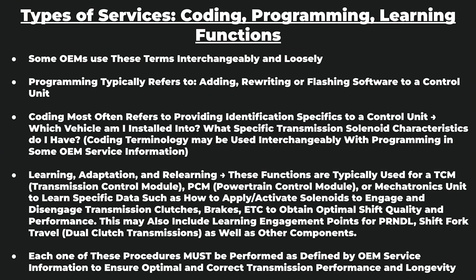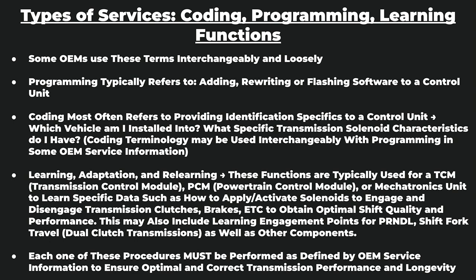But again, coding would be basically giving that module in charge of shifting some information about how it's going to shift the transmission and modulate the flow characteristics of the solenoids that are installed. There may be additional characteristics that have to be programmed. These are just some examples.